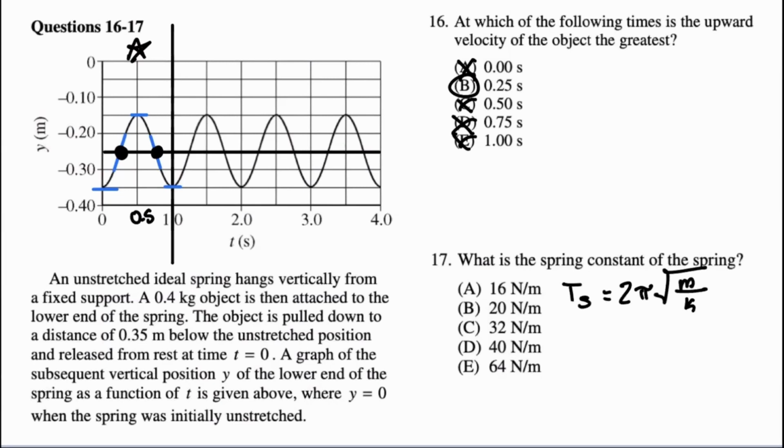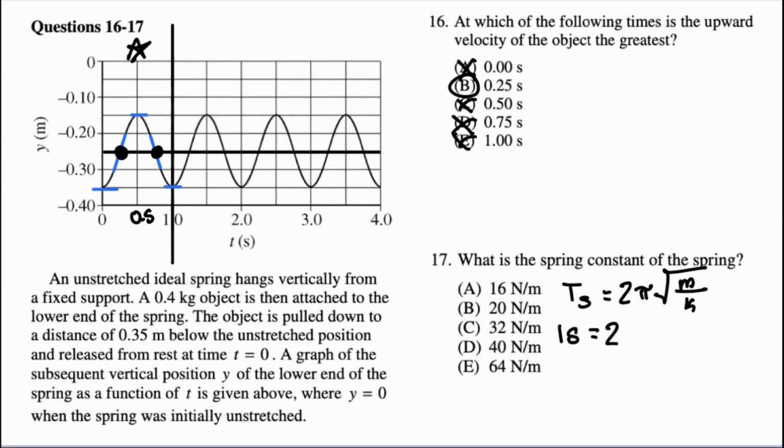Our period is 1 second, because that's how long it takes for the graph to go from trough to trough. You could also think of it from peak to peak. That's the period, how long it takes to go from minimum to minimum or maximum to maximum. It's going to be 1 second.